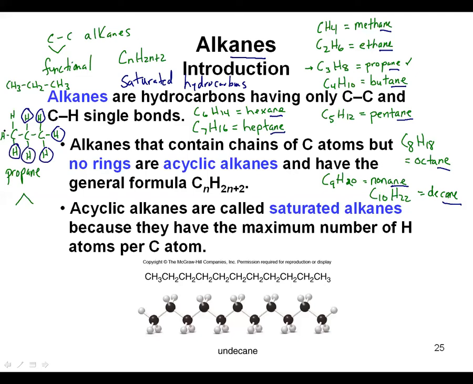So when you have all carbon-carbon single bonds, they are what are known as saturated hydrocarbons because they contain the maximum number of hydrogens that a carbon could have. Any questions on that there?